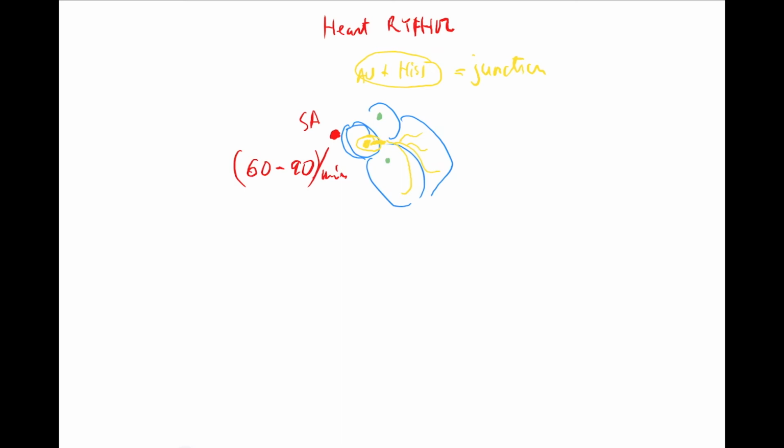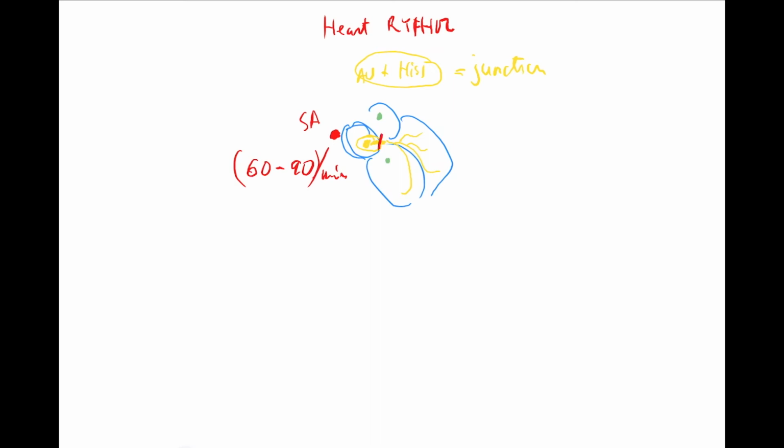He just has a problem: he doesn't have an SA node and AV node, and the discharge comes from a ventricle, or he has a full block. He has an AV block and nothing is conducting towards the ventricles. And that's why the ventricles start to discharge on their own, because there's a full blockage, AV block 3rd degree.